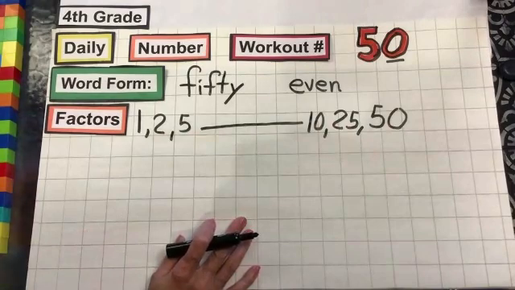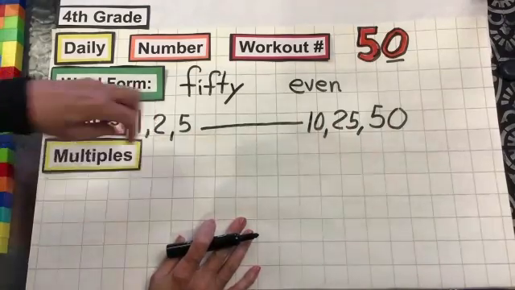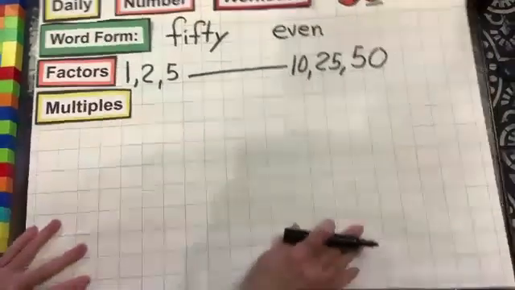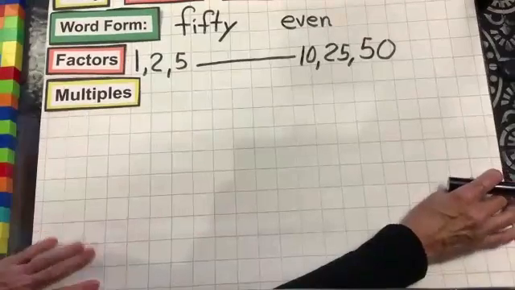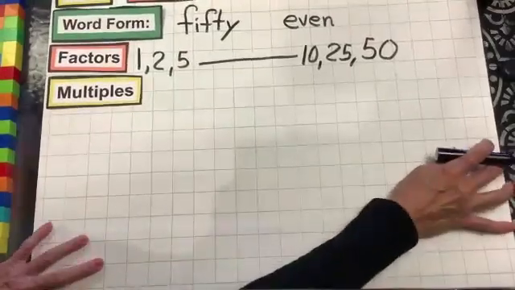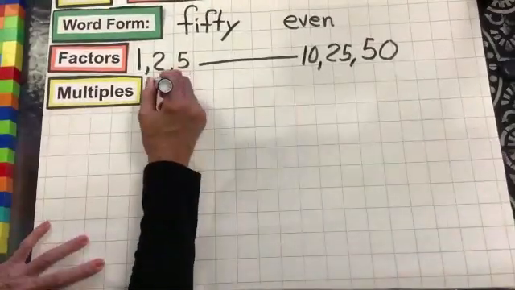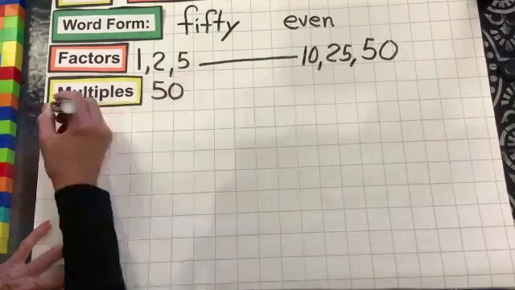So let's move on to our multiples. So we want to count by 50s, and that's pretty easy to do. It's like counting by 5s, but let's just do the work. So 50 is 1 times 50.